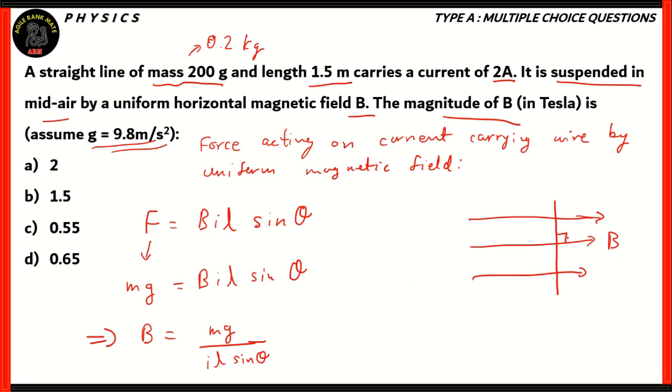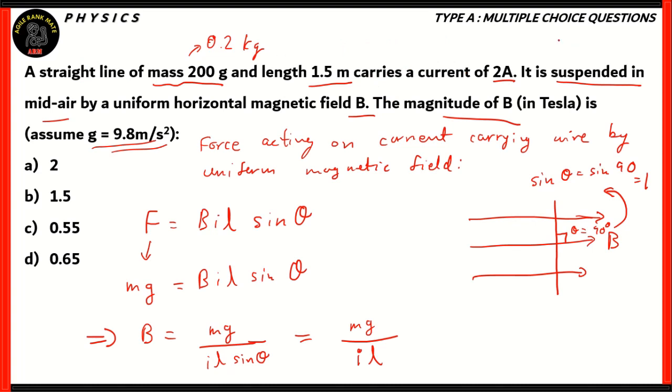Remember that we have a straight line which is perpendicular to the uniform horizontal magnetic field B. And since it's perpendicular, the angle theta equals 90 degrees. Since theta equals 90 degrees, sine of 90 equals 1. And IL times 1 would remain IL. So therefore, the equation boils down to mg over IL.